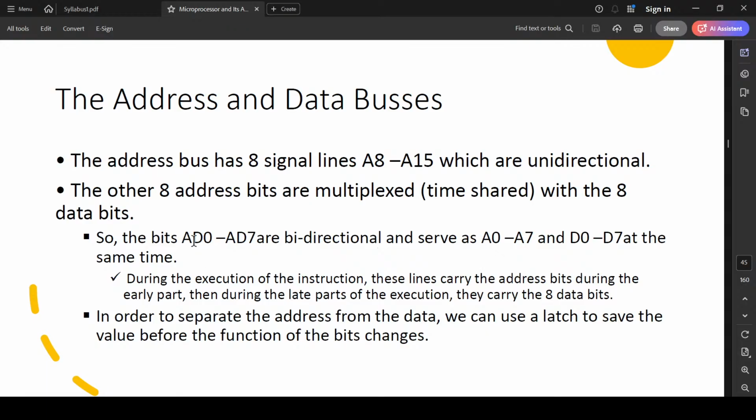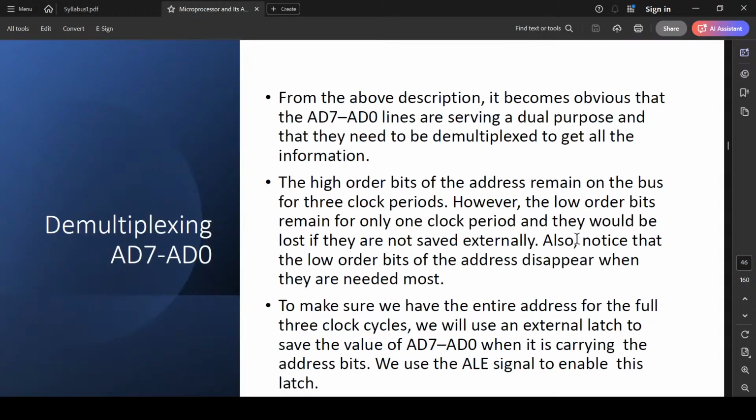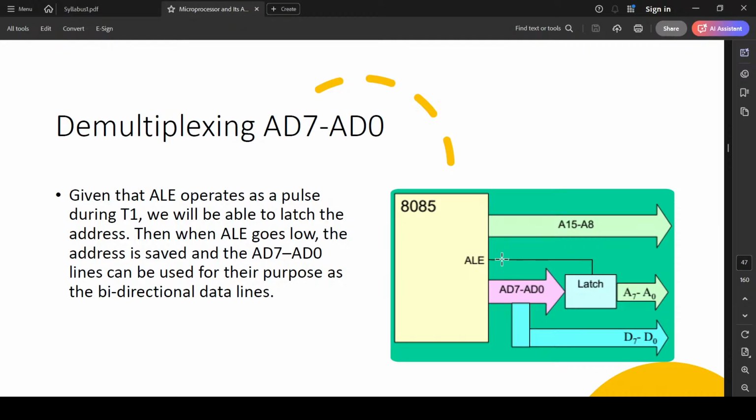So AD0 to AD7 will serve in two parts: first we transform AD0 to AD7 into the A0 to A7 address lines and save the value, and after that, we turn them into the data lines. So this is demultiplexing.